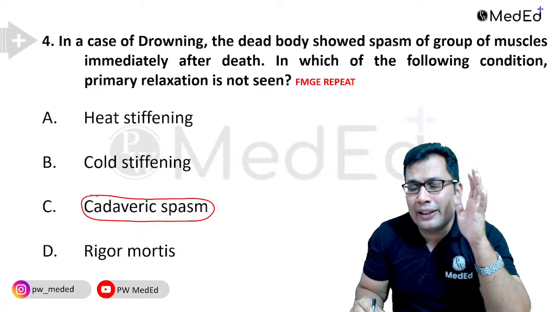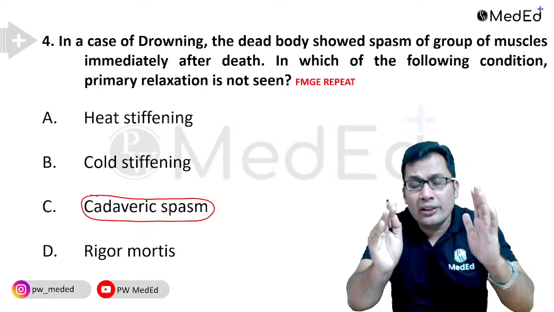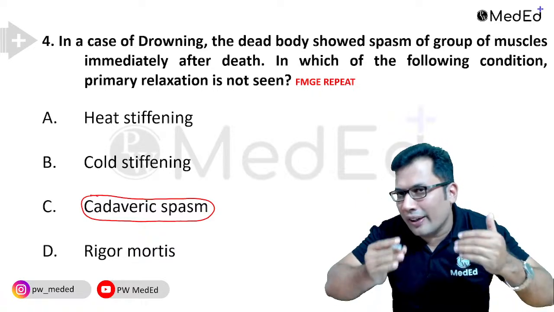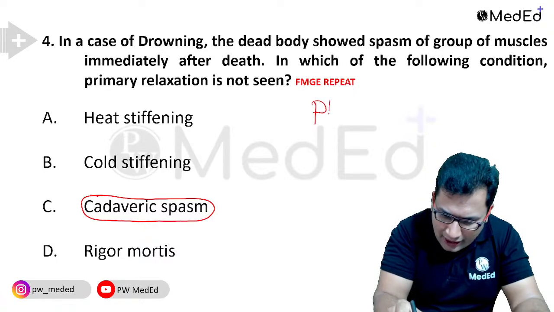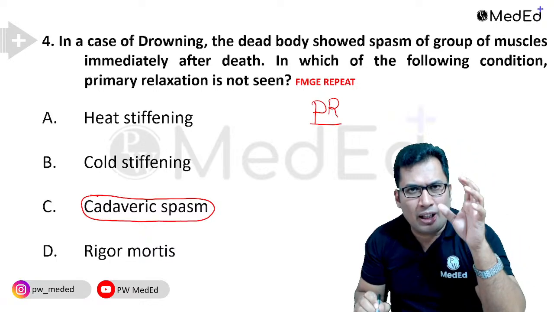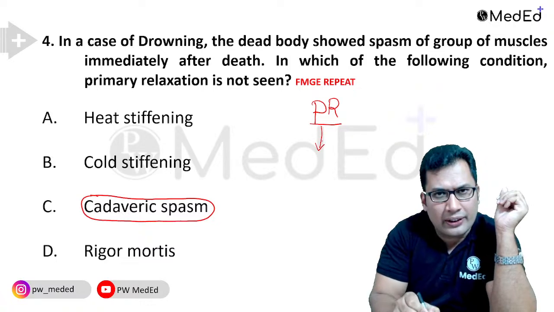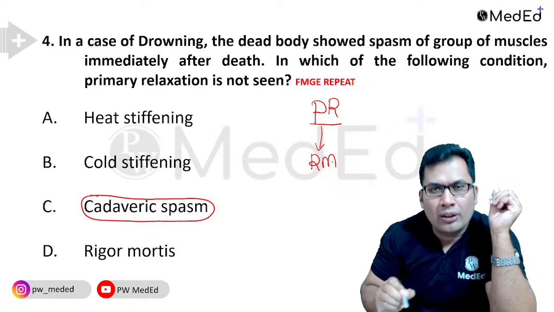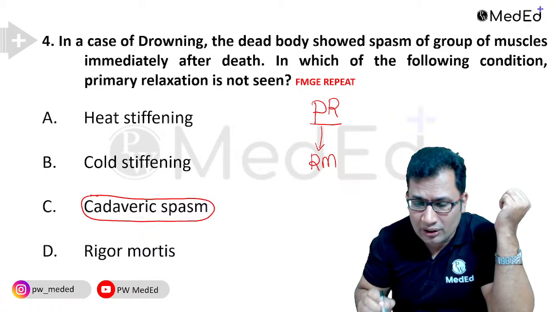Dear student, let me explain the funda. Soon after death, all the muscles undergo relaxation. That is known as primary relaxation. After that, all the muscles undergo rigor mortis, that is a shortening and stiffening of muscle and joint.